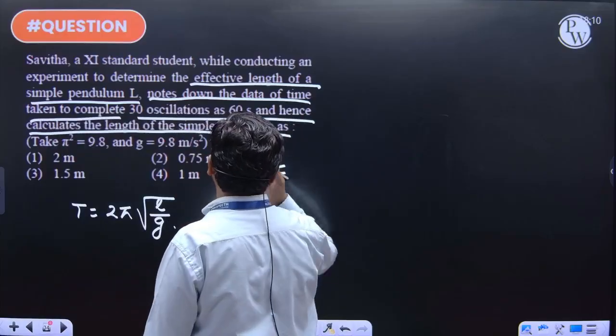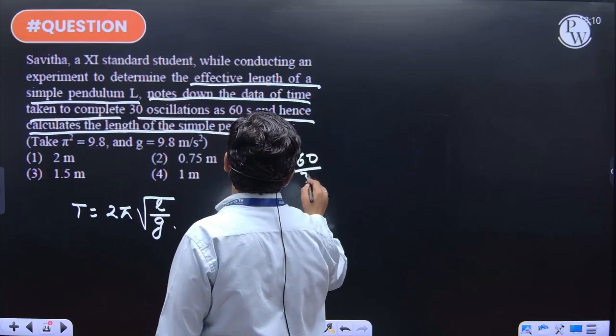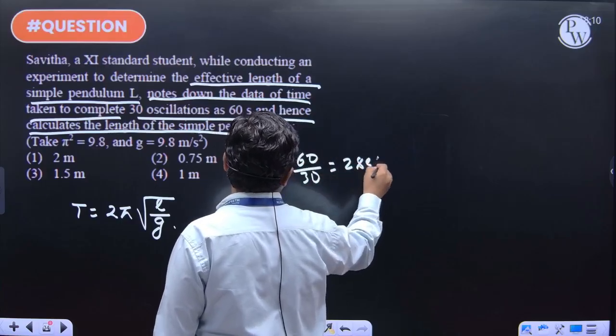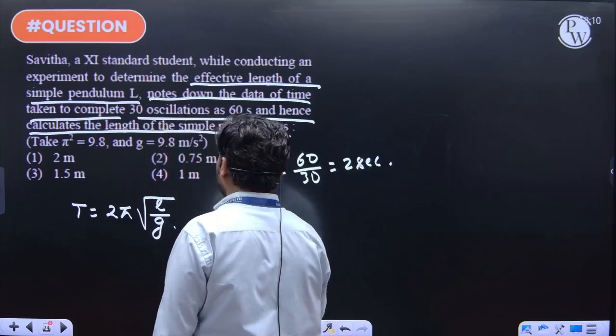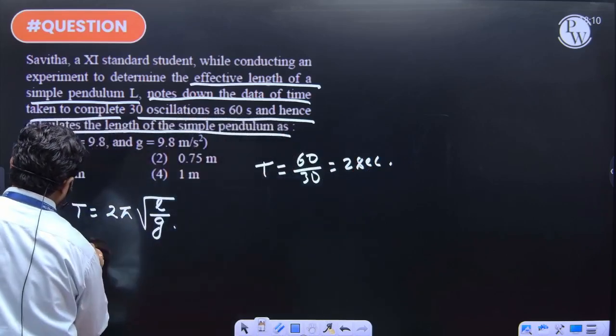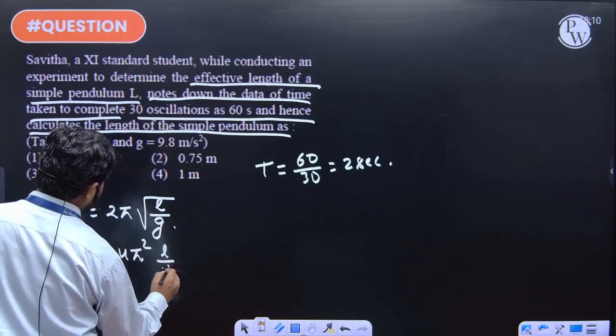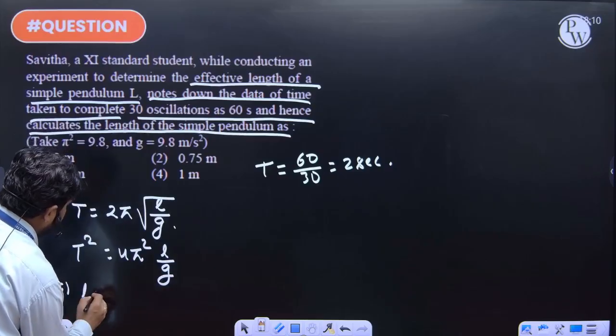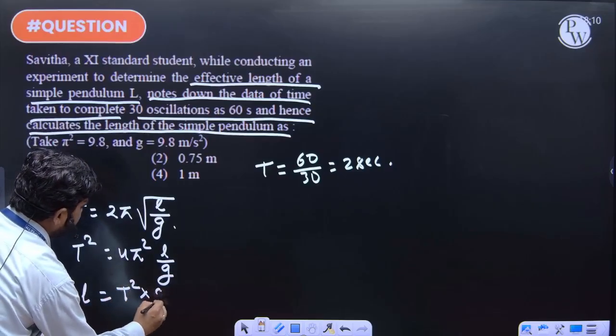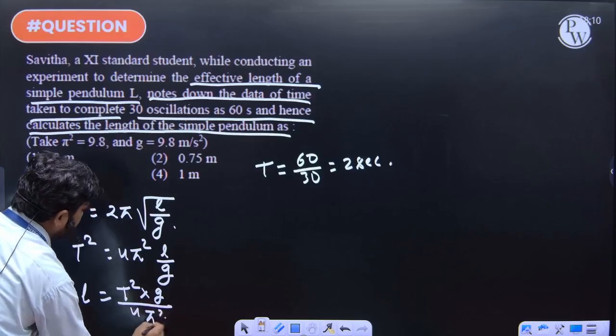30 oscillations in 60 seconds. So 60 divided by 30. What is your time period? 2 seconds. Square it. So T square is equal to 4 pi square L by g. So L will be equal to T square into g divided by 4 pi square.